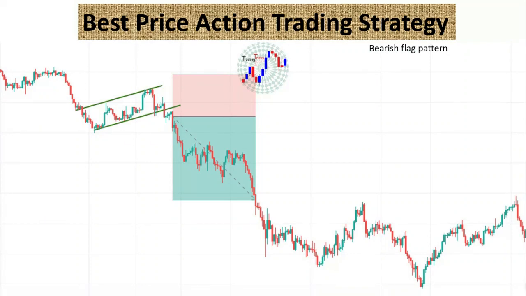Now you might be wondering, which are the most profitable chart patterns? Well, the truth is, it doesn't exist because there is no such thing as the most profitable chart pattern. Why? Because market condition beats any chart pattern at any time. For example, if the market is in a downtrend, then any bullish chart pattern will not work well because the trend is down.